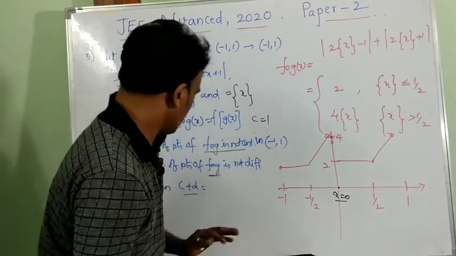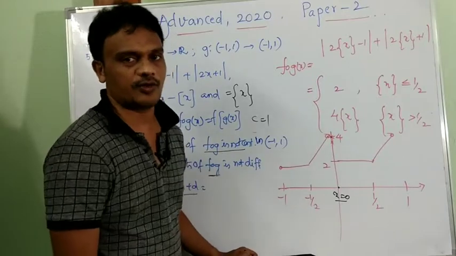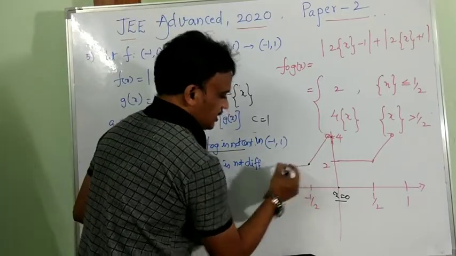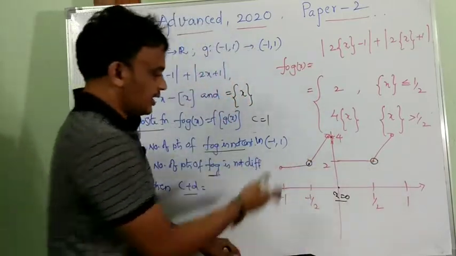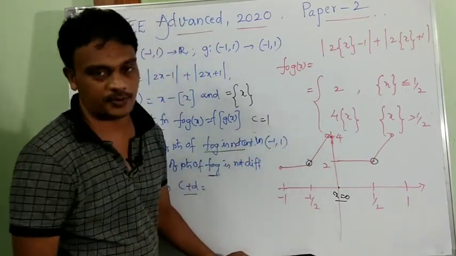And the number of points where the composite function is not differentiable. How can you find the non-differentiable points? It is from the curve where we get sharp ends. At the sharp end, we cannot draw the tangent, so we cannot differentiate at those particular points.